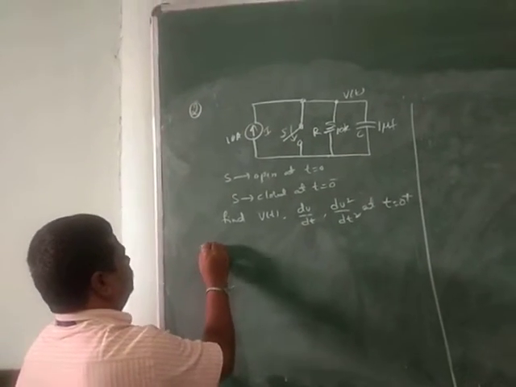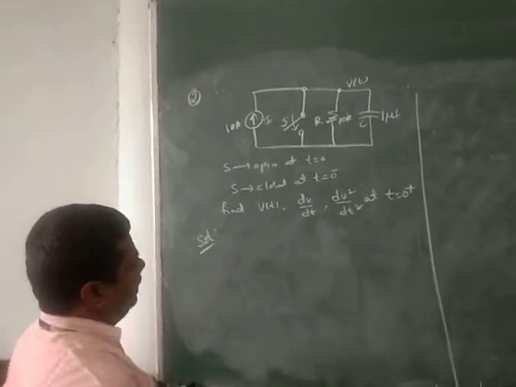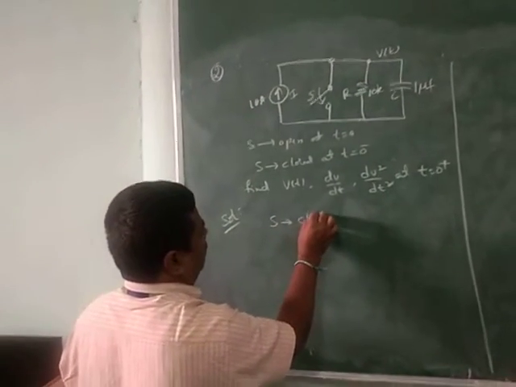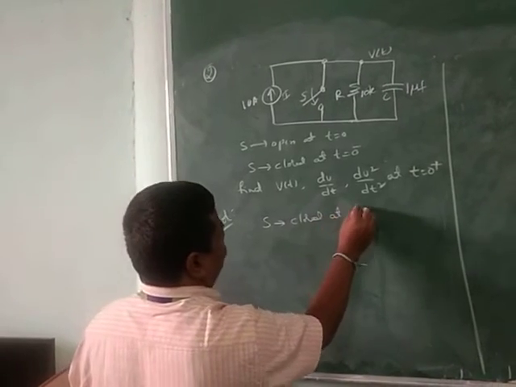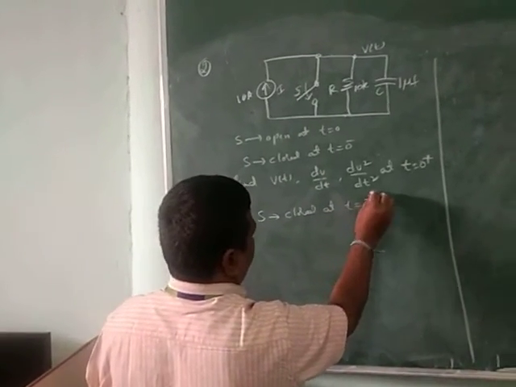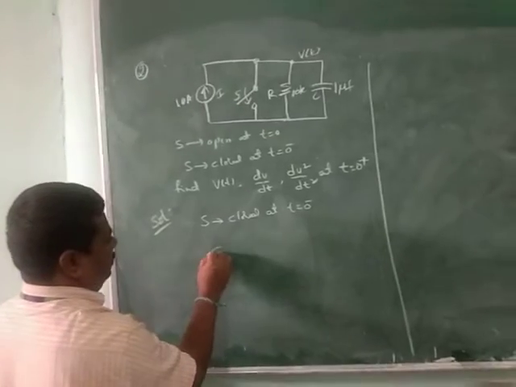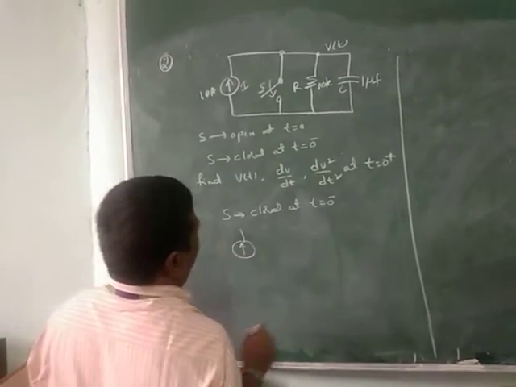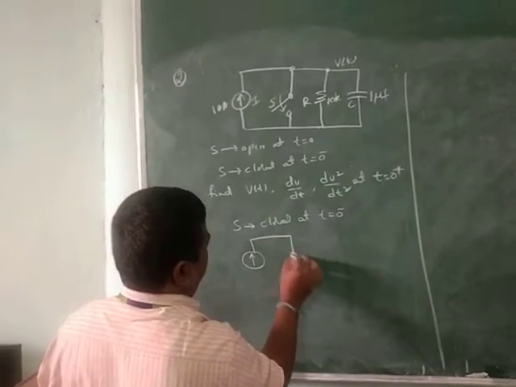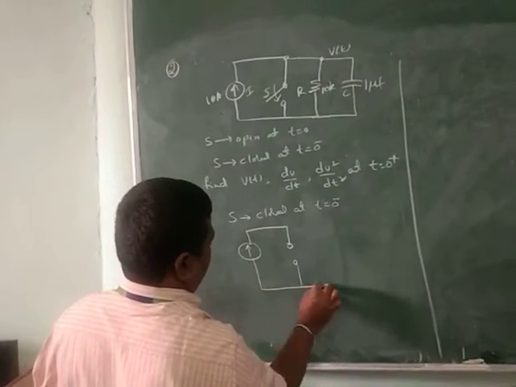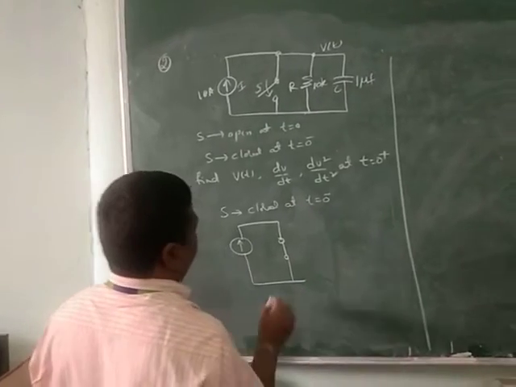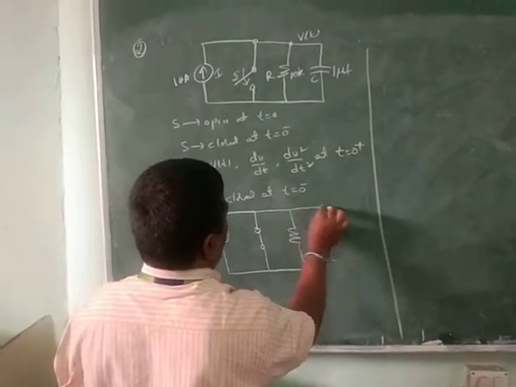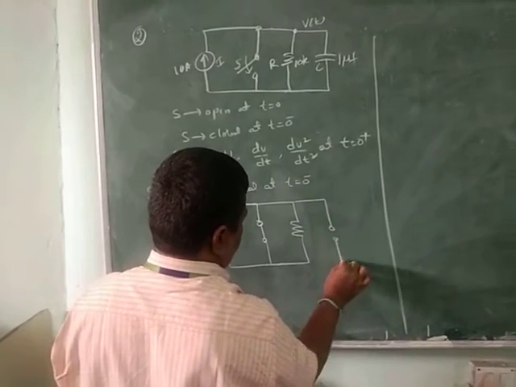Now coming to the solution. S is closed at t is equal to 0 minus. Now the circuit becomes, here it is, this is the resistor and this is the capacitor.